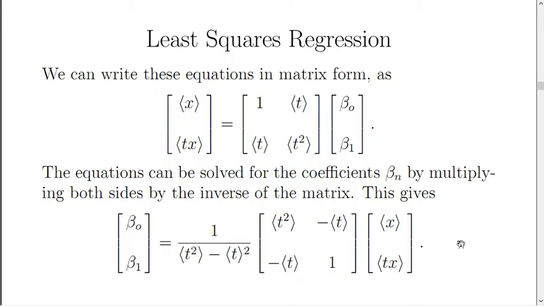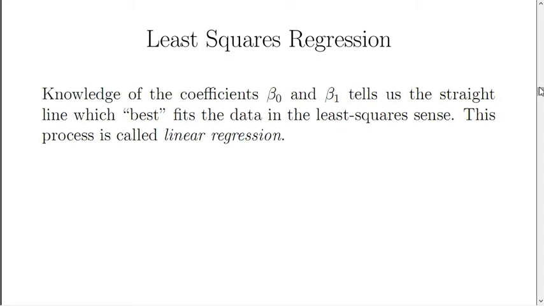This is the solution to linear least squares for linear regression, that the intercept and slope are equal to this quantity times this matrix, matrix multiplied by this vector being the average x value and the average t times x value. Voila, there is our solution.